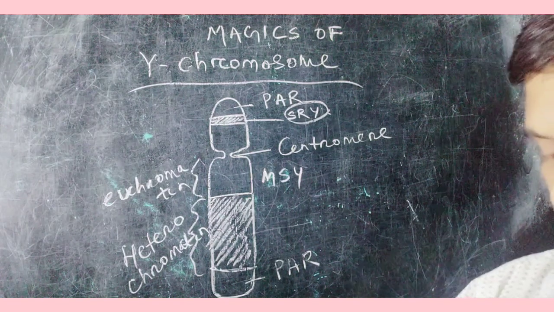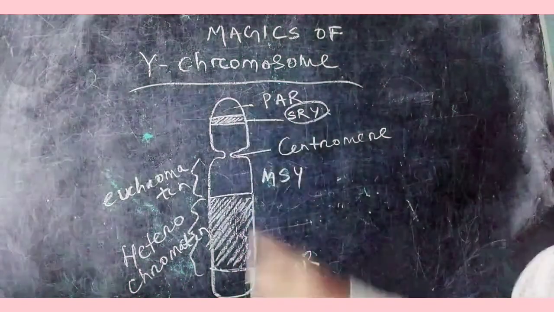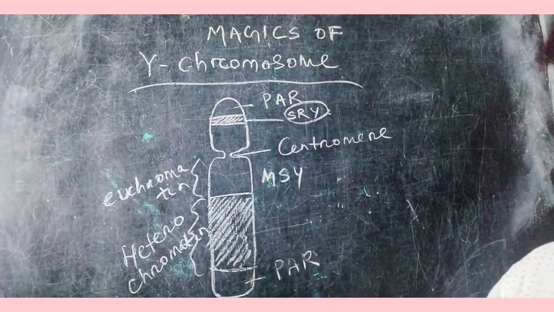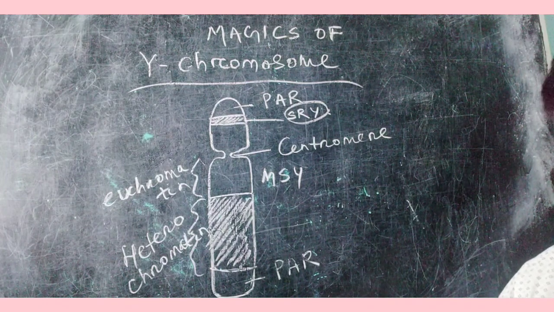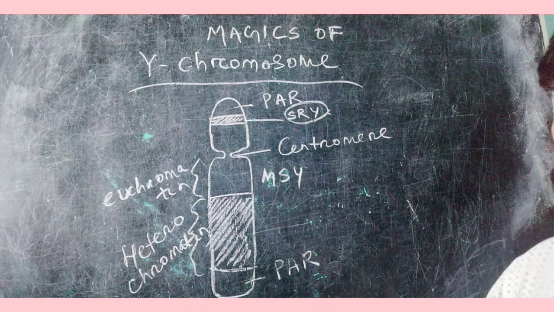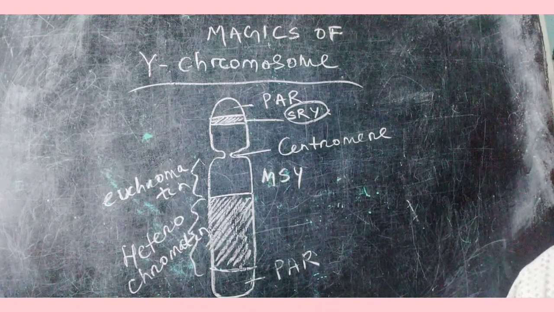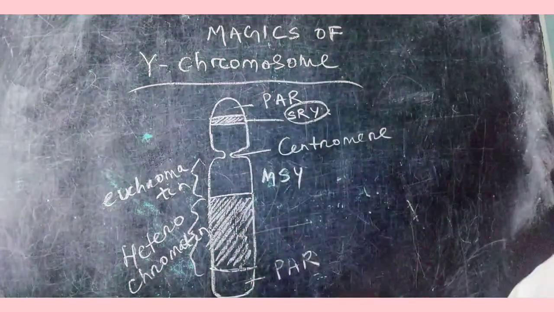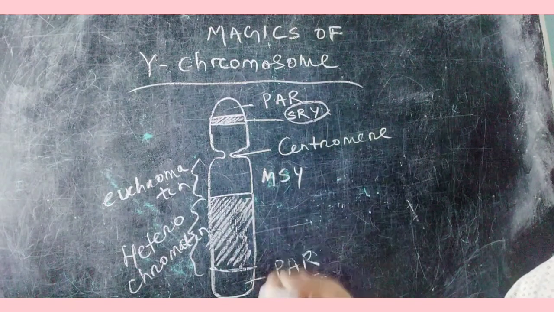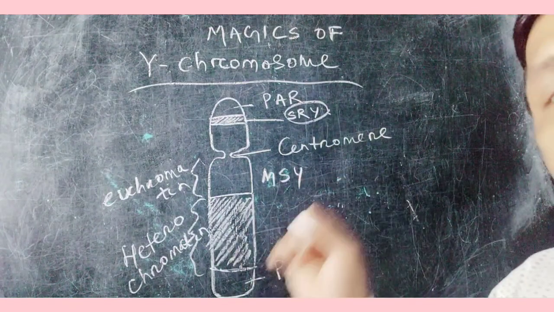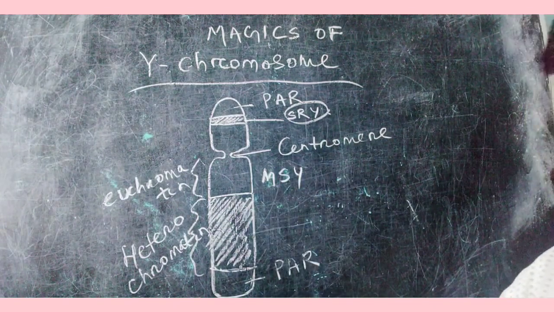What is the function of the pseudo-autosomal region? This pseudo-autosomal region is found in both ends. The basic function is that these share homology with the region of the X chromosome and form synapse. This region finds the homologous region of Y and forms synapse there in the X chromosome.